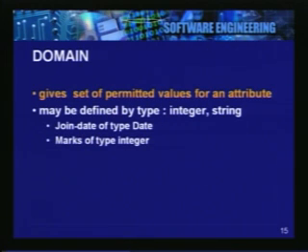If we have a domain for an attribute, such as the marks attribute, the marks attribute must have an integer value. Any other value which is not an integer cannot be accepted. So a domain, when we define it like this, is actually defining the integrity constraint or validation requirement for the data.